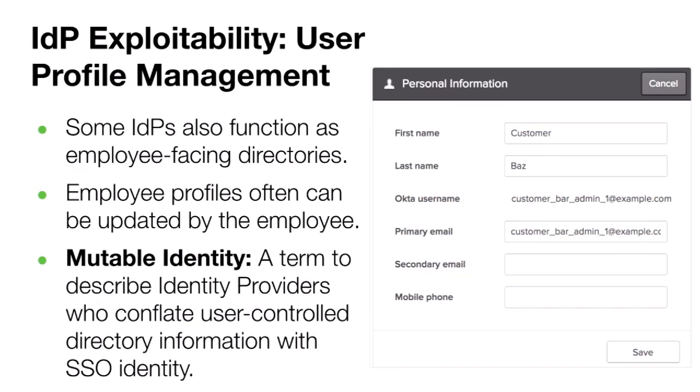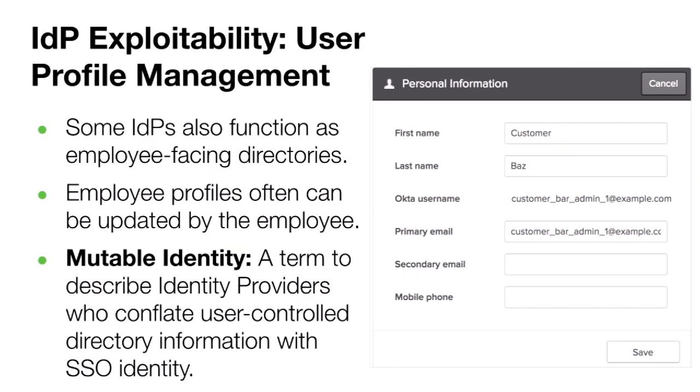Another potentially risky IDP feature is account lifecycle functionality, such as user profiles. If an IDP also functions as an employee directory, employees may also be able to do self-service profile management, such as updating their first name or their phone number.